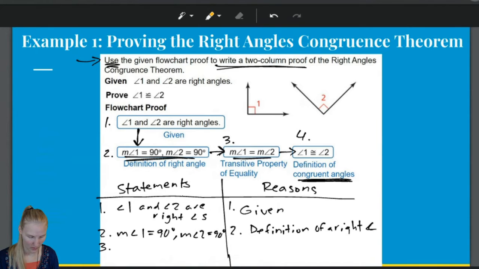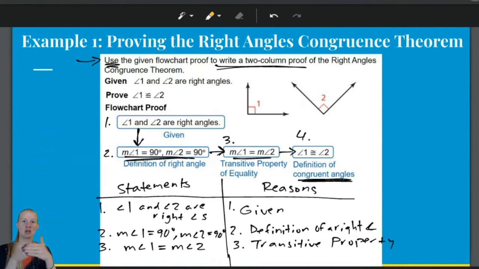Okay, then from there, because the measure of angle 1 is 90 degrees, and the measure of angle 2 is 90 degrees, we know that the measure of angle 1 must be the measure of angle 2 by the transitive property. And now, because their measures are the same, they are congruent.